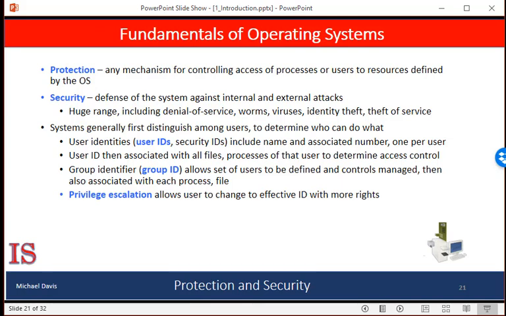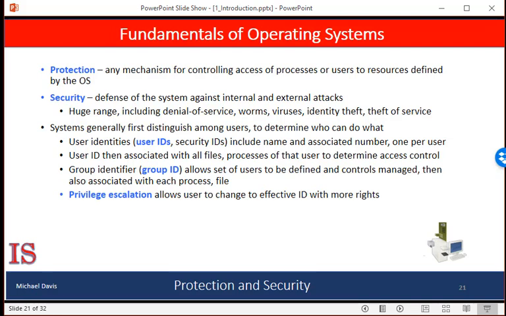For example, memory addressing hardware ensures that a process can only execute within its own memory space. We've talked about that already. A timer ensures that no process can gain control of the CPU without eventually letting it go. Device control registers are not accessible to users, so the integrity of the various peripheral devices is protected.